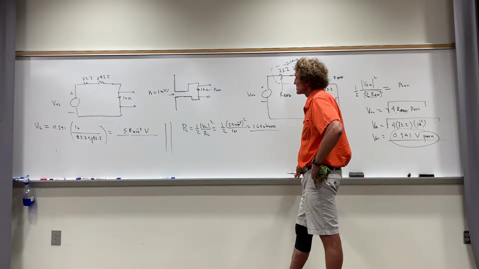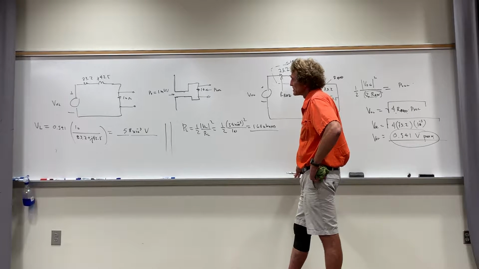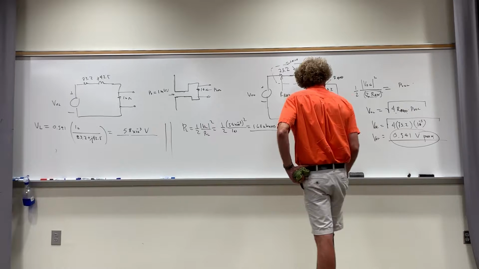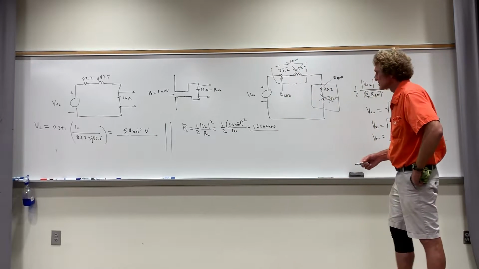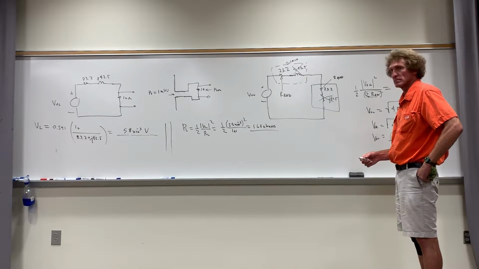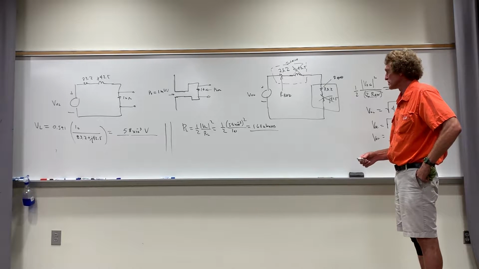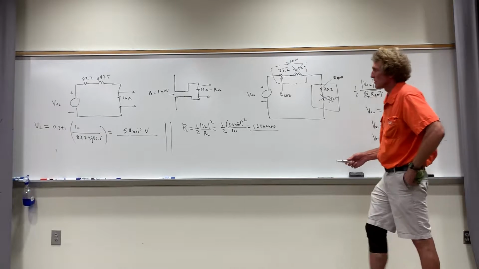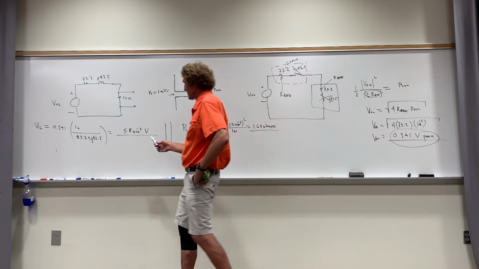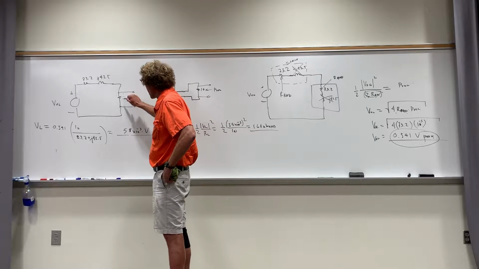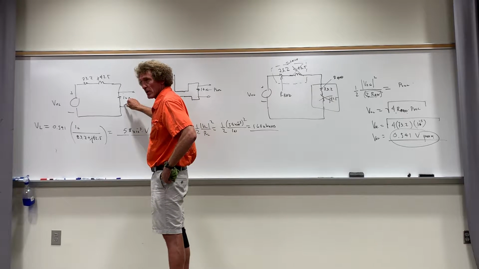Well, that makes absolutely no sense. Wait, isn't it 1/4 VL squared over RL? Or is that just for the R rad case? This is the voltage right here, unless there's something I've done wrong. This should be the voltage across this point, right? Yeah. Well, it's that voltage we're squaring to get power.